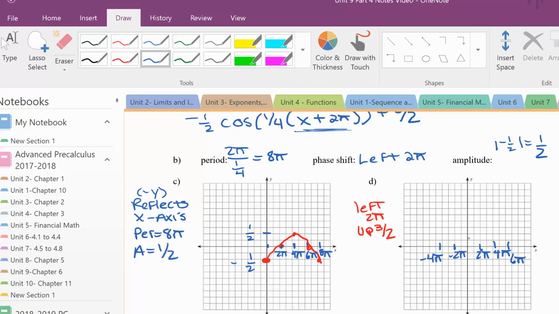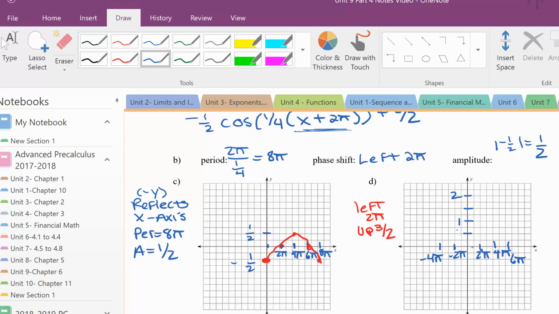So basically, if this was 1 half, then this is going to be 1, 1 and 1 half, 2. Every point is going to move up and over.